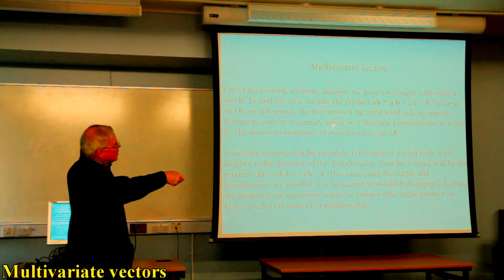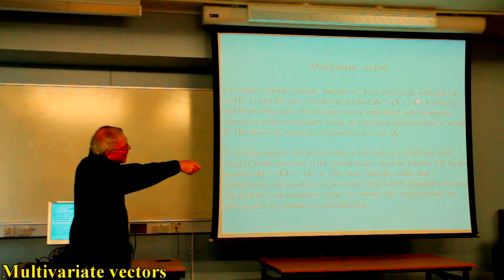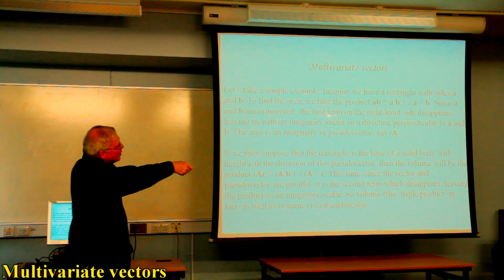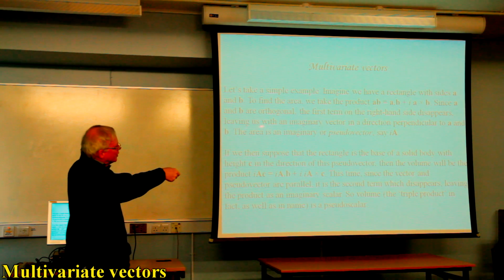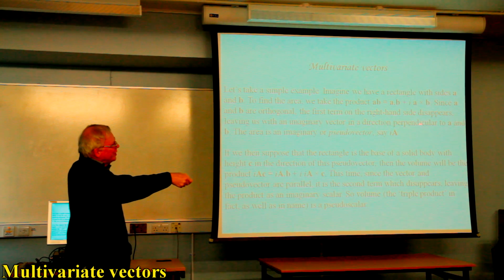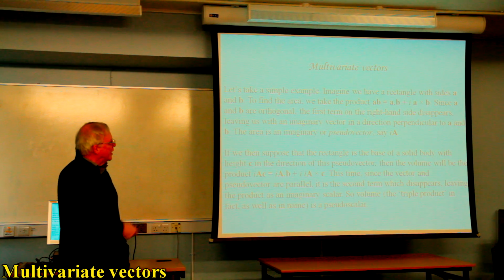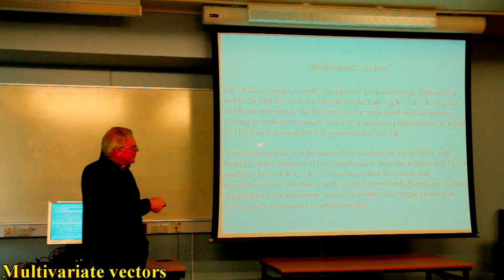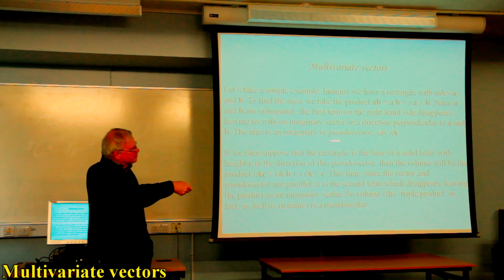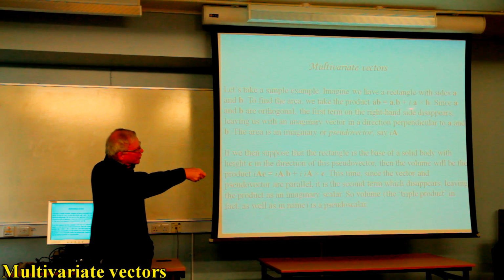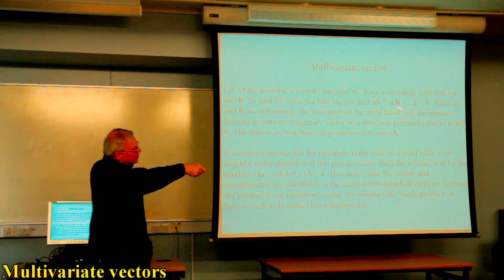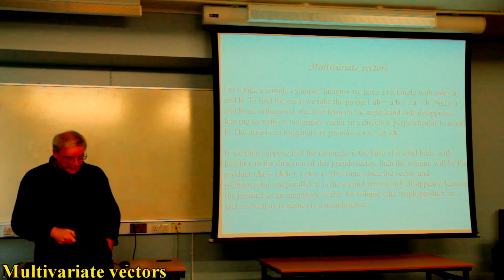So the first term on the right hand side disappears, leaving us with an imaginary vector in a direction perpendicular to A and B. And this is an imaginary or pseudo-vector, and we call it i A, the area.